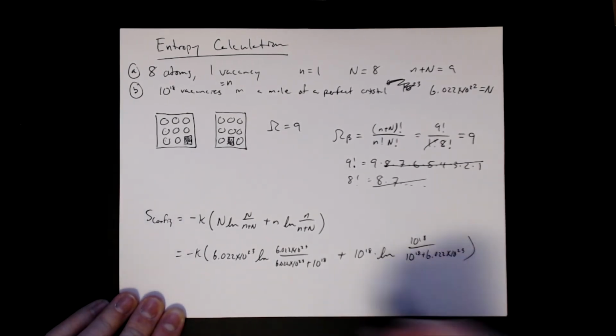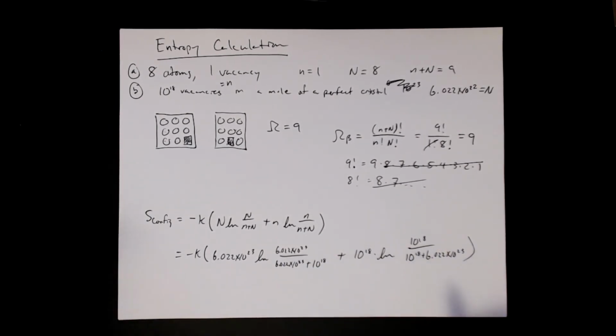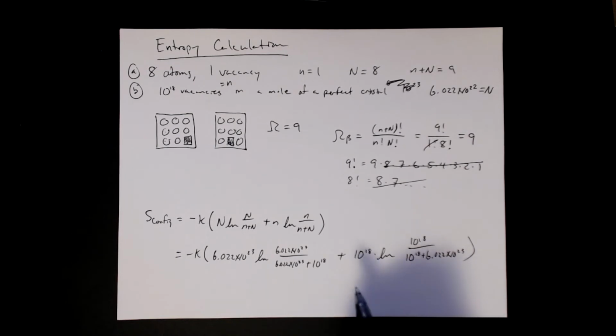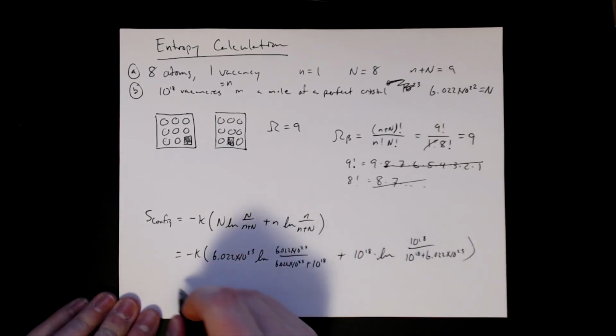All right, so it just took a lot to write this out. But again, this is the approximation, so we're not directly doing factorials, so we can calculate this very easily.